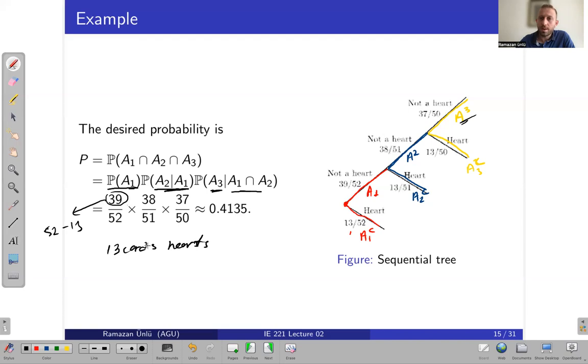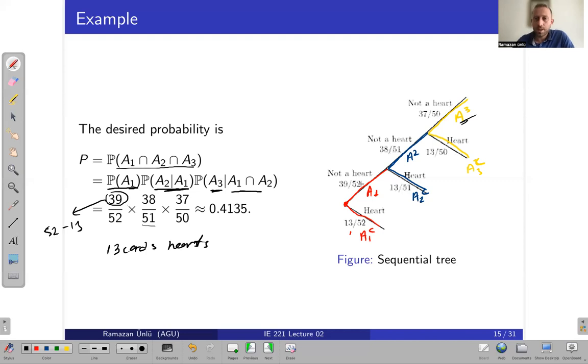Because we draw without replacement. So there will be 38 cards that will not include any hearts, and the total number of cards will be 51. And the same thing here: there will be 37 cards left with no hearts among them, and the total cards will be 50. Approximately the probability of this will be 0.4135. And this is the probability of this path.